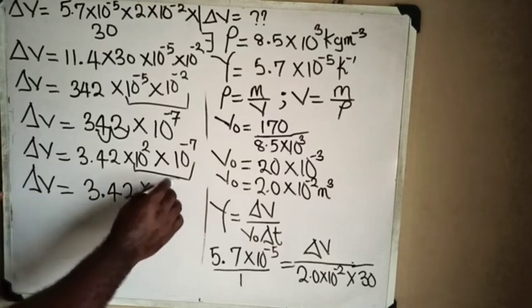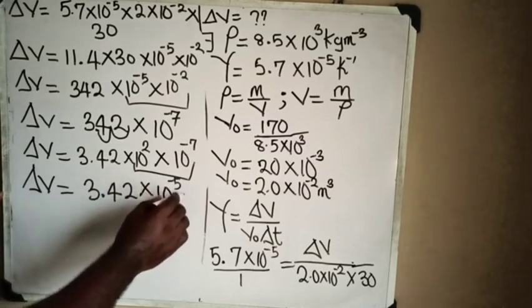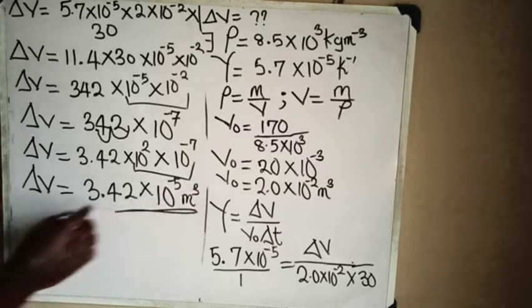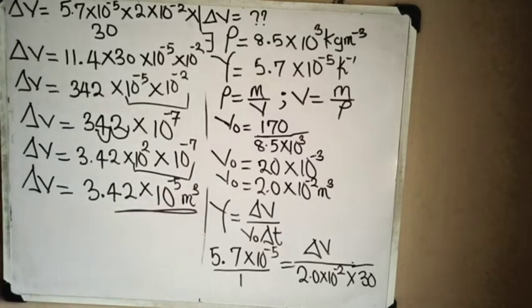That will give us negative 5 meter cube. There is my answer for that. So the change in volume is given by 3.42 times 10 to the power of negative 5 meter cube.